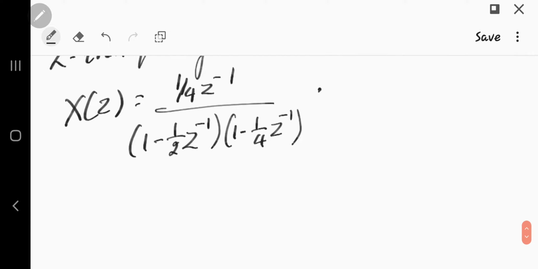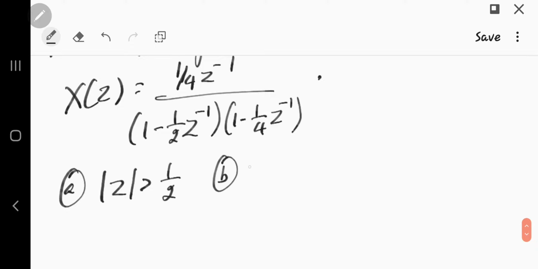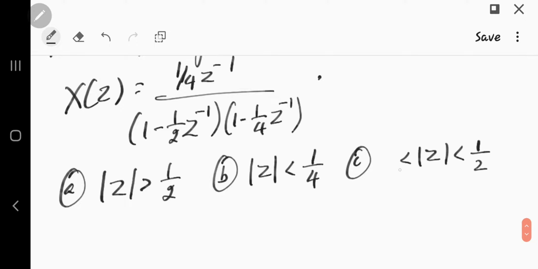For this, we have three different ROCs here. The first one is for |z| greater than 1 by 2. Second one is |z| less than 1 by 4. And third one is |z| between 1 by 4 and 1 by 2.